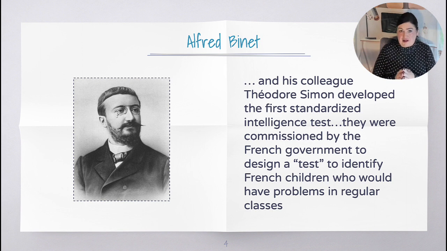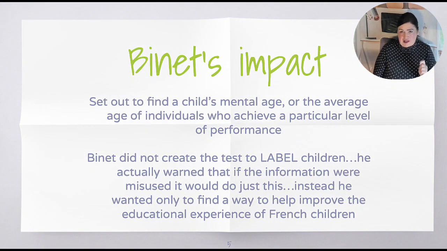They set out to find what they referred to as a child's mental age. This definition is important, okay? Mental age is the average age of an individual who achieves a particular level of performance. For example, they might say this is what someone who is 6 should be able to do. So if a child is actually 4 years old and is able to do higher levels of problem solving than their same-aged peers, then they're at the mental age of 6.